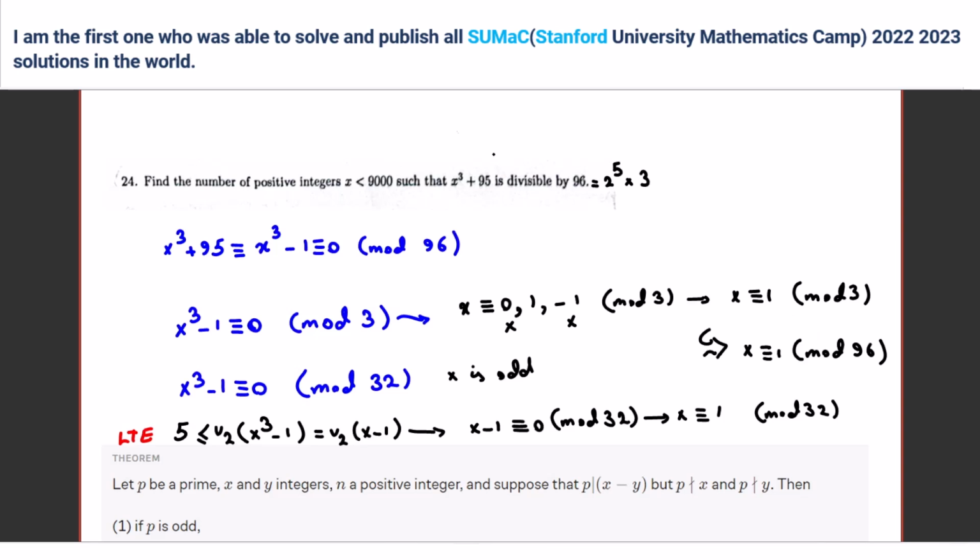9,000 divided by 96. It's better to write like this. It says positive integer, so at least 1. Let's write less than or equal to 8999, right? So 96q is at least 0 and less than 8998, right? Then q is at least 0 and at most what?